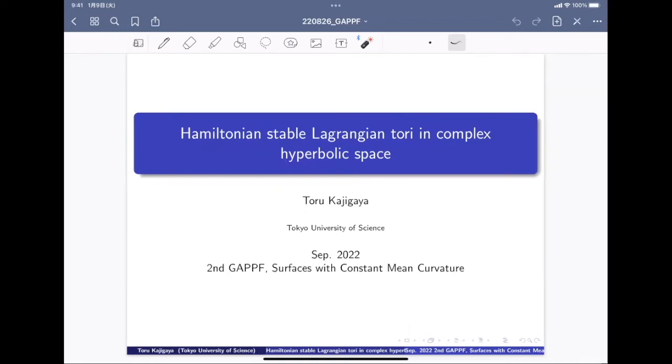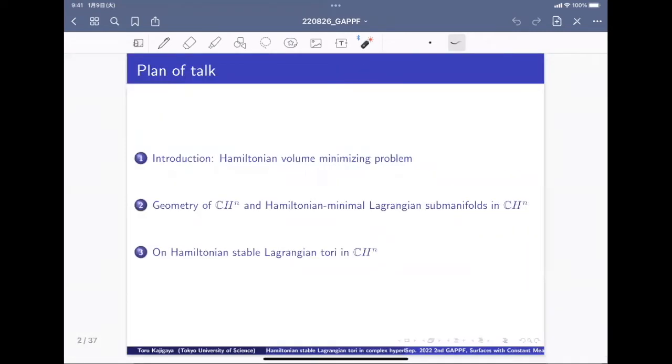In this video, I will talk about Hamiltonian stable Lagrangian tori in complex hyperbolic space. This is the plan of my talk. First, I introduce the Hamiltonian volume minimizing problem, and I will review related results in the complex Euclidean space and in the complex projective space. After that, we consider the same problem in the complex hyperbolic space.